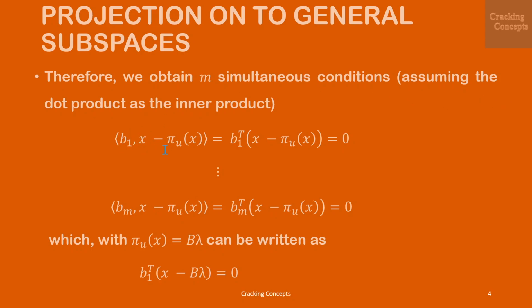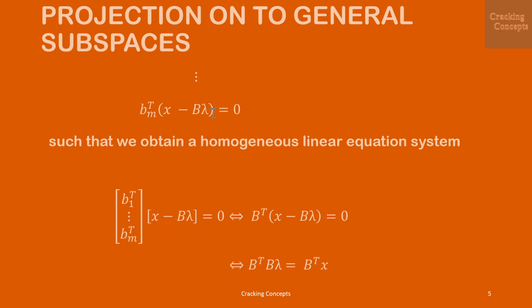The inner product of b1 comma x minus π_U of x is equal to b1 transpose into x minus π_U of x, which is equal to 0, etc. up to bm comma x minus π_U of x, which gives the inner product as bm transpose into x minus π_U of x, which is equal to 0, which with π_U of x as capital B into lambda, which we saw in one of the previous slides, we can write as b1 transpose into x minus B lambda is equal to 0, etc. bm transpose into x minus B lambda is equal to 0, such that we'll obtain a homogeneous linear equation system.